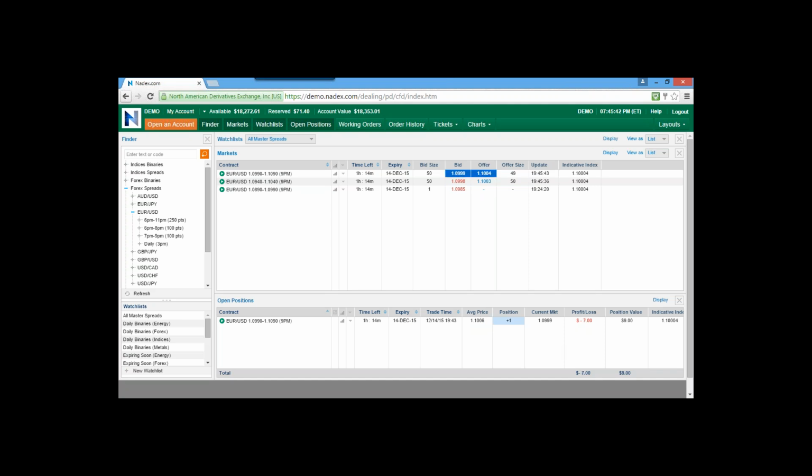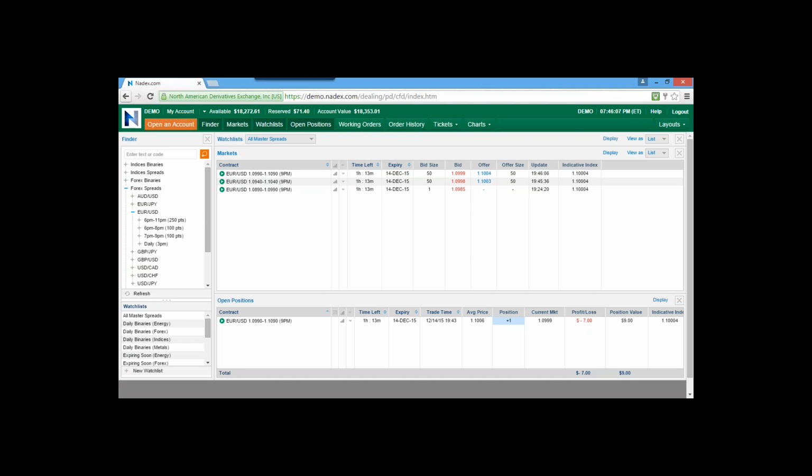So average price that I bought it for is right there. Current market is what? 0.999, which is the same thing as this, 999, right? So what's the difference of where I bought it compared to where it is now? Is $7 or $8. Does that make sense?